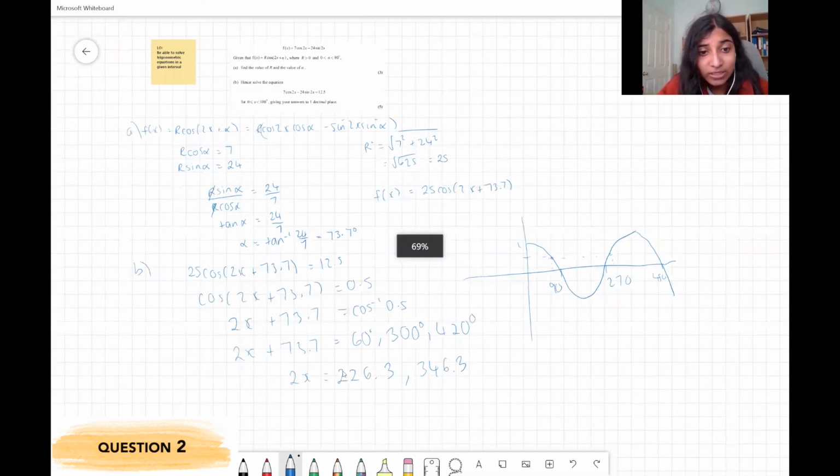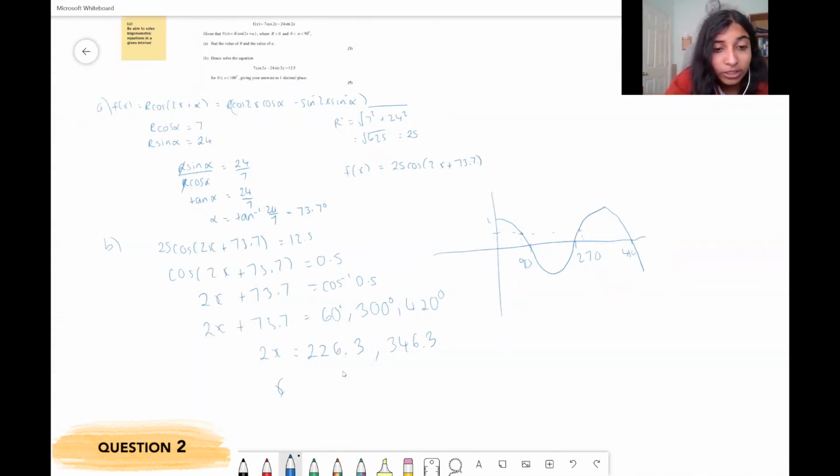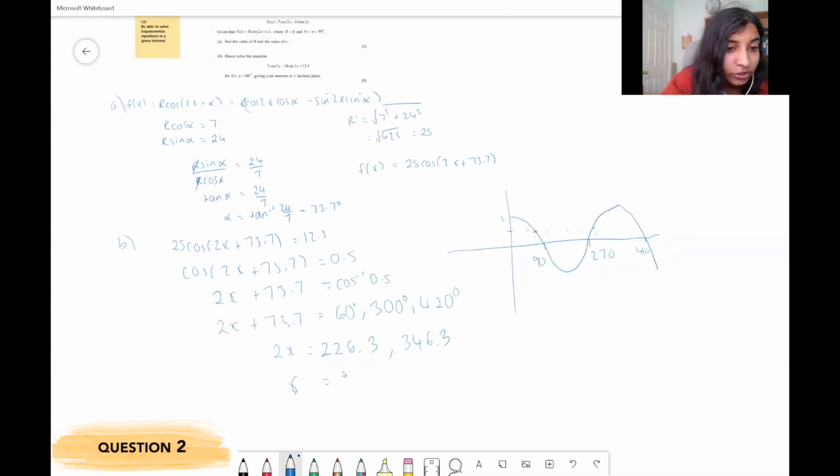And now if we divide it all by 2, we get 226.3 divided by 2, so one is 113.2 degrees, the other, 346.3 divided by 2, will be 173.2 degrees, both to 1 dp.